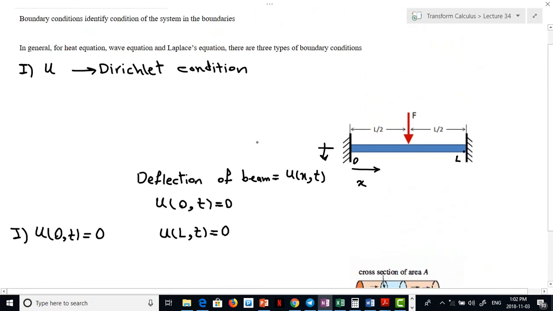The second type of boundary condition that we have is the Neumann condition. For the Neumann condition, the boundary condition is in the form of the derivative of u with respect to n, which is a normal derivative. In this case, we call it the Neumann condition.